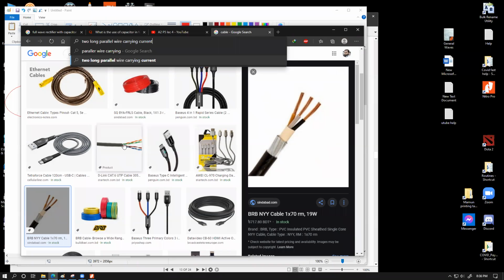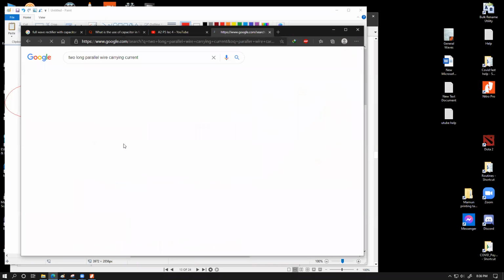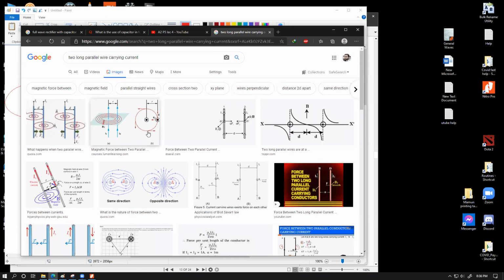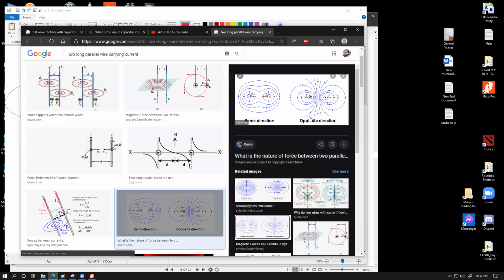Never mind. আমি কি খুঁজতেছিলাম এখানে? Two parallel long wires carrying current images. So this is the image that I'm talking about. If you have a look over here, whenever we combine the two fields, for the in-between space, the field can be pretty strong and significant.